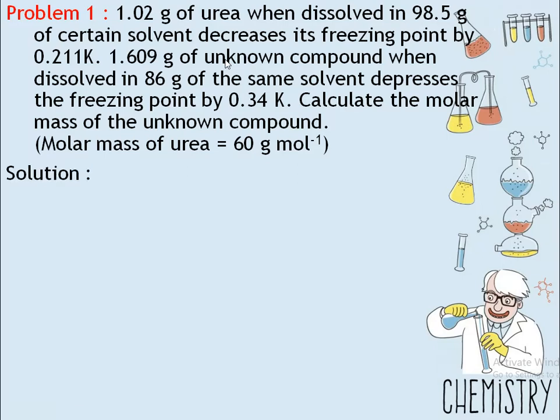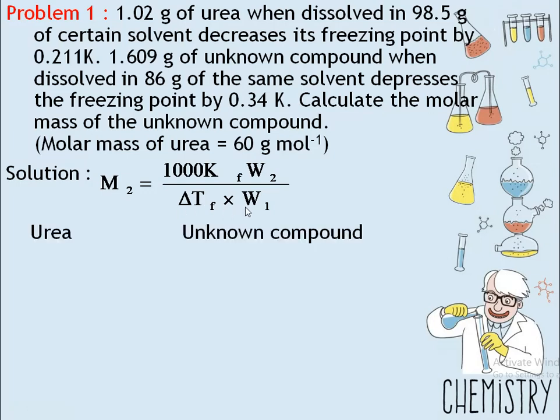So let's solve this. This is the formula. We know that molar mass is equal to 1000 Kf into W2 divided by delta Tf into W1. First let us see what is given, for urea and the unknown compound. W2, the weight of the solute, for urea is 1.02 grams and for the unknown is 1.609 gram.